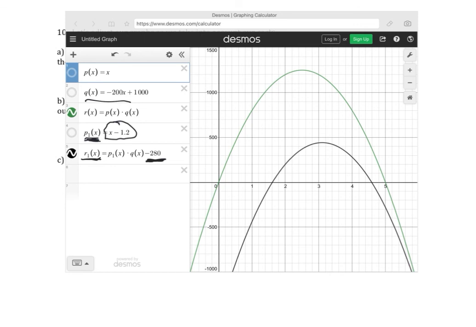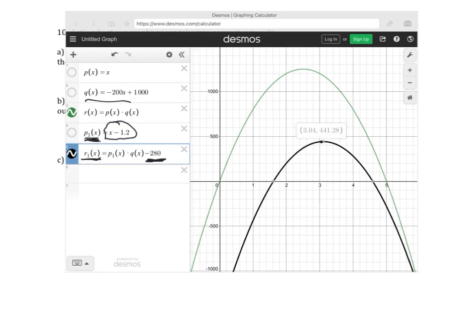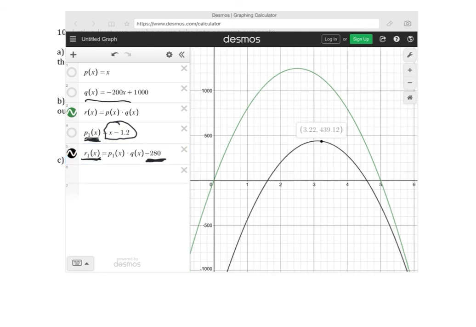And so if we look at our new quadratic here, we can see that we get our maximum profit of $442, a lot different than $1,250, and that's if we charge $3.10 per cup. And so that's the price that we're going to have to set to maximize our profits as opposed to maximizing our revenues. And our profits then will come in at $442 per week once we've netted out our costs.